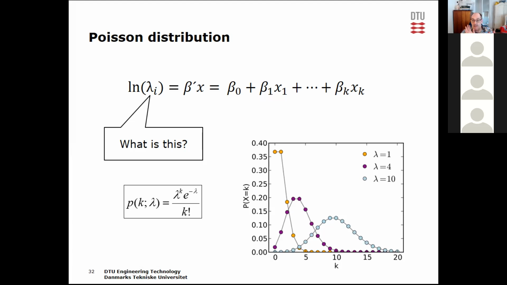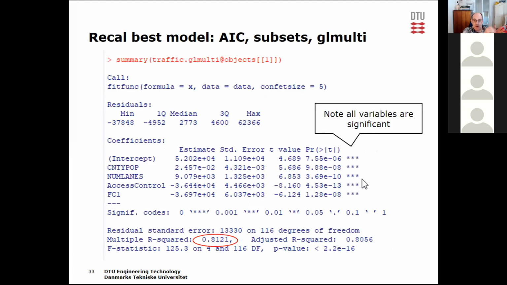So let's just see some examples. This is from 4 weeks ago. This is the best fitted linear regression for the Minnesota highway data. It was a very nice result, the best subsets regression, a very nice fit model, no problem.